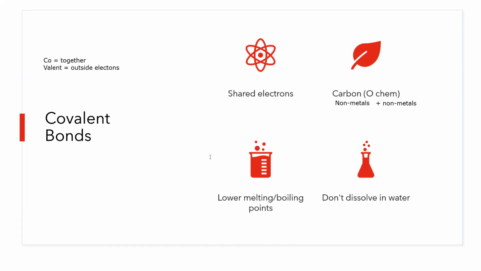And the branch of chemistry that deals with a lot of covalent bonds is carbon-based chemistry, which we call organic chemistry. In science, all organic means is made with carbon. So the organic stuff you get at the store is an entirely different meaning of the word organic from the one we use in class.